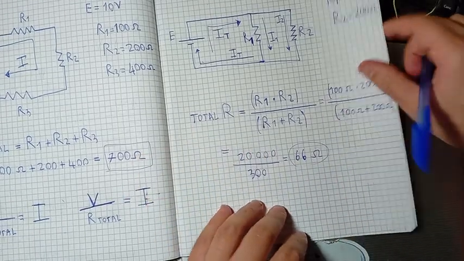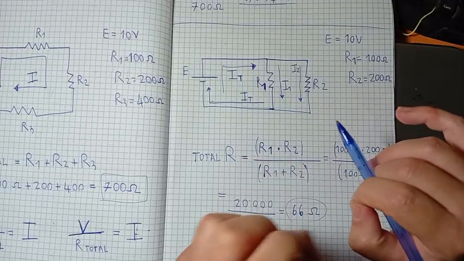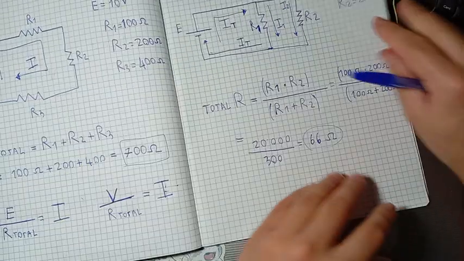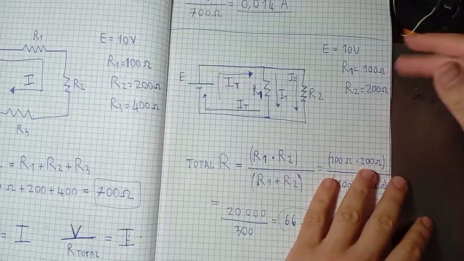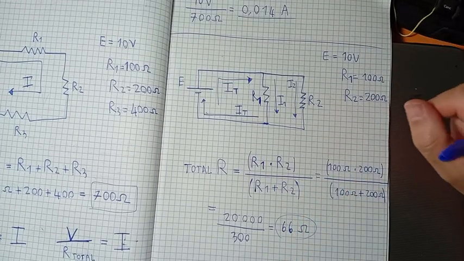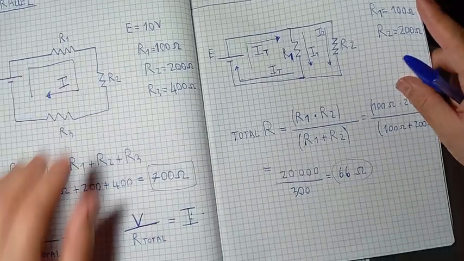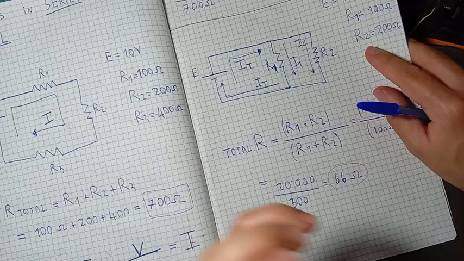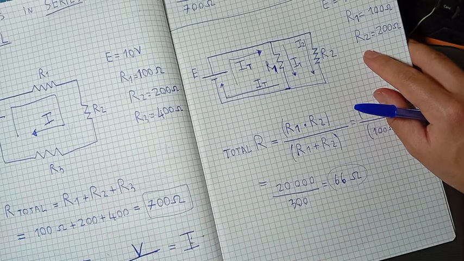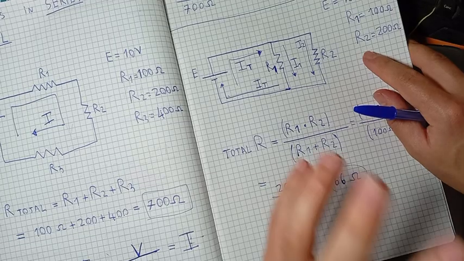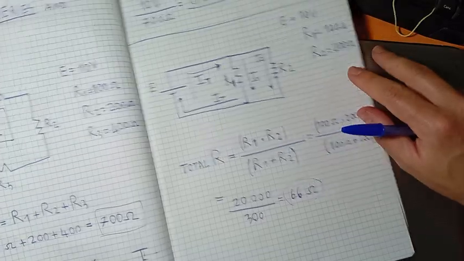Okay, you can see that when I put them in parallel configuration, usually their result is lower than their values. So this is how you calculate the total resistance when they are in series and when they are in parallel configuration. But about the parallel configuration, there is something I should tell you.